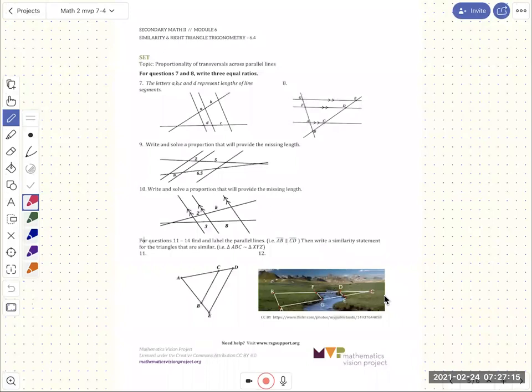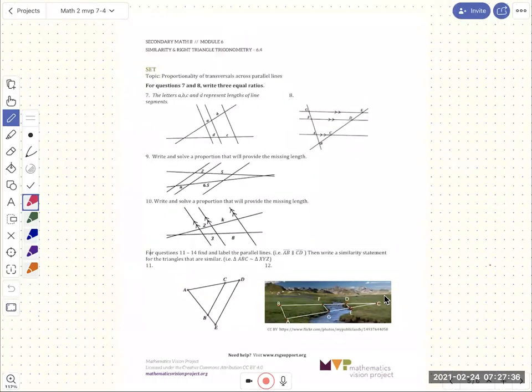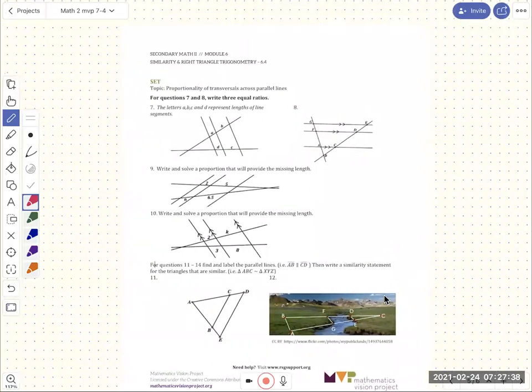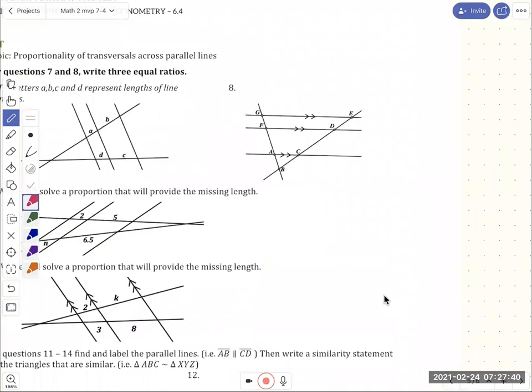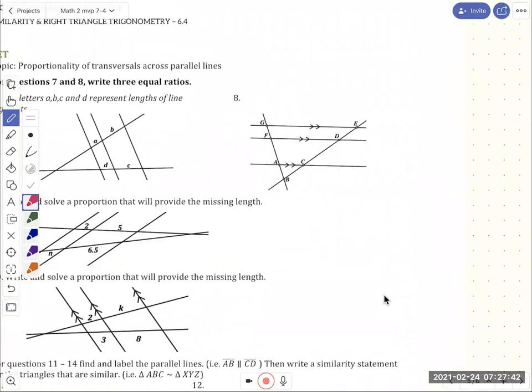Okay, so working off this idea of having two transversals form parallel lines form similar triangles for us. Want to write some equal ratios. And so if we look at 8, you might say, well, in green, we say this section to this section.